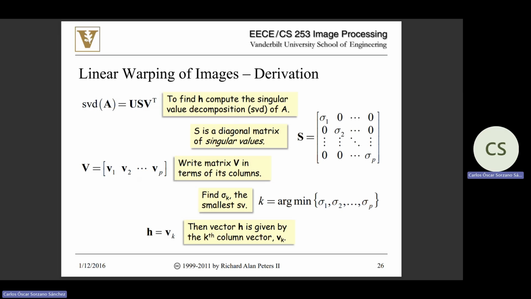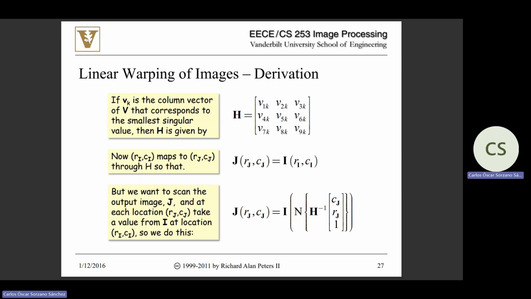Okay, one of these singular values will be the minimum one. So let's say it is sigma 1. So if it is sigma 1, our solution is V1. So in general, if the minimum singular value is the number k, the corresponding column in this matrix is the h we were looking for.